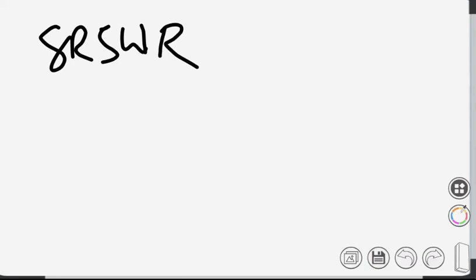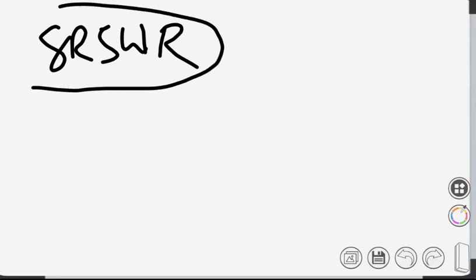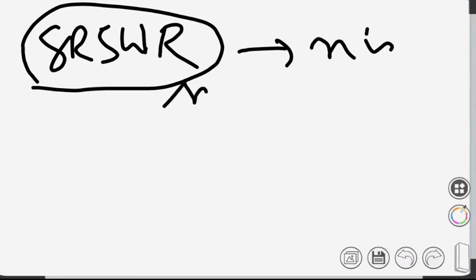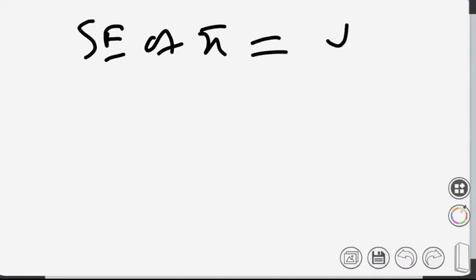If sampling is simple random sampling with replacement, then the standard error of x bar is equal to sigma by root n.